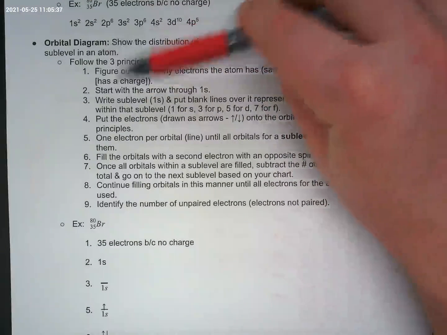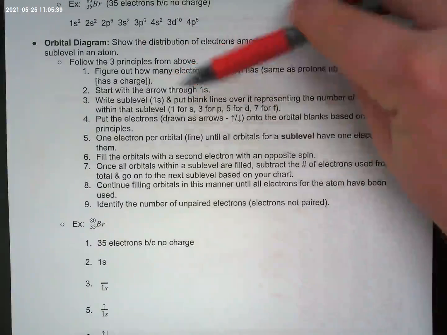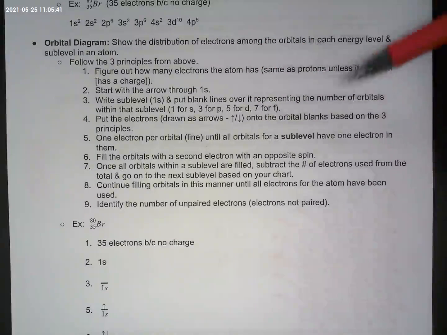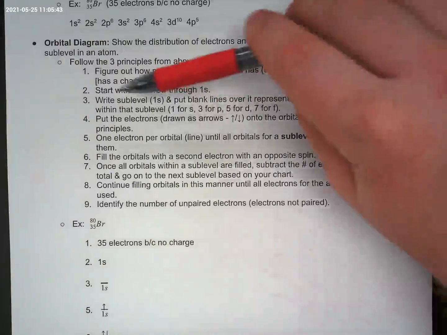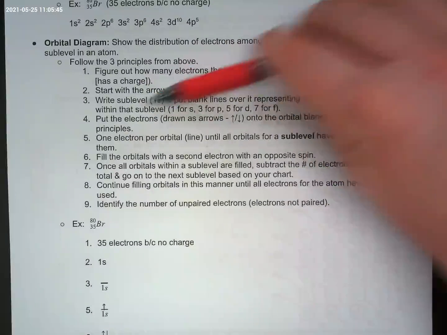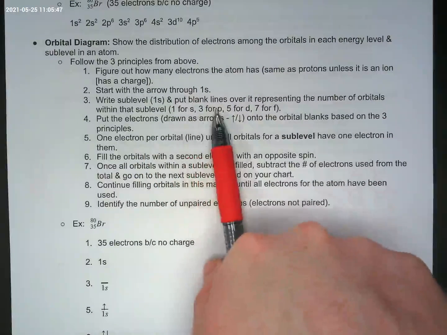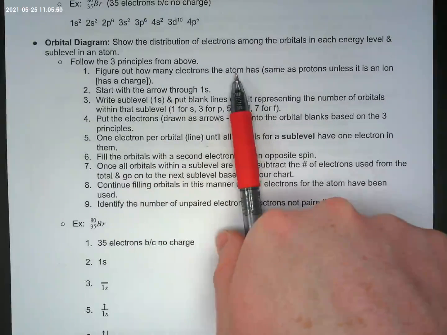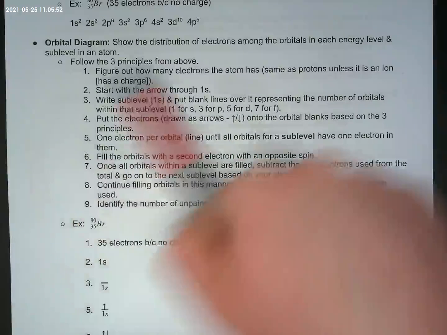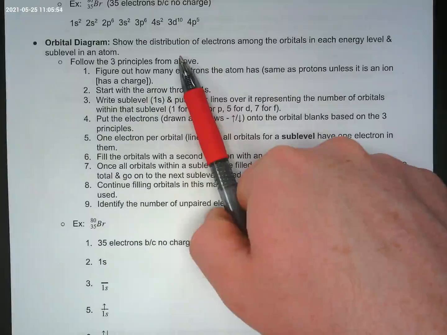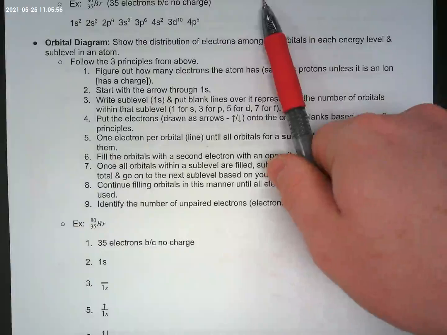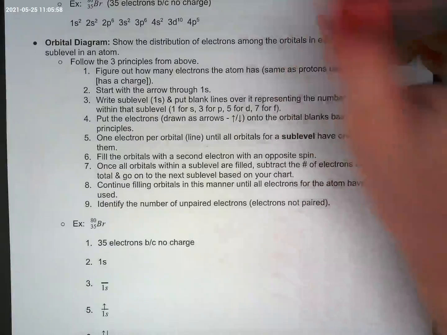But anyway, start with the arrow at 1s, write the sublevel, and put blank lines over it representing the number of orbitals within the sublevel. Really, what this should be is write the blank lines first, the number of blank lines you need for each orbital, and then write the number with the energy level with the orbital. I'll show you why in a second here.